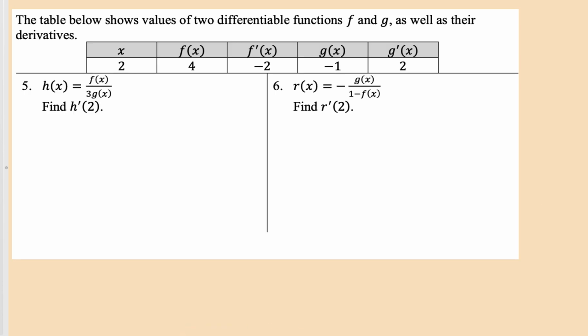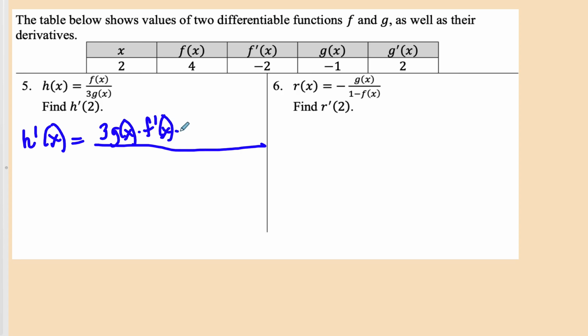Let's go ahead and use a table here. So let's go ahead and find the derivative and then I'll evaluate it. So my denominator I write down here, times the derivative of the numerator minus the numerator times the derivative of the denominator all over the denominator squared. So that'll be 9 g of x quantity squared.